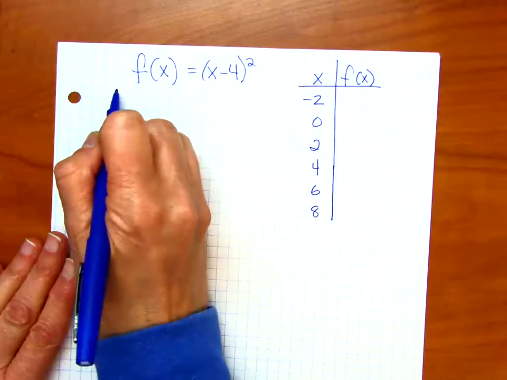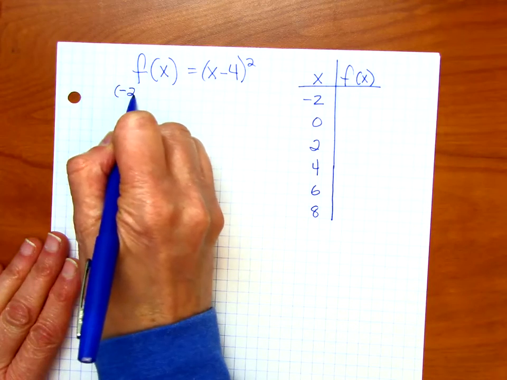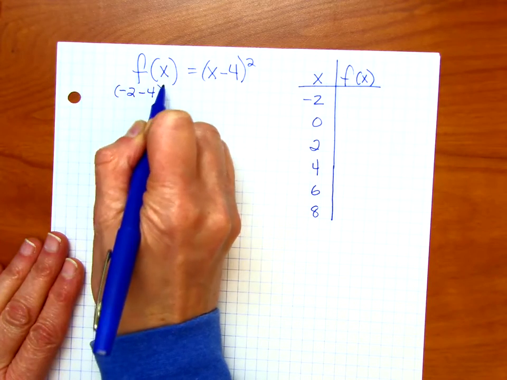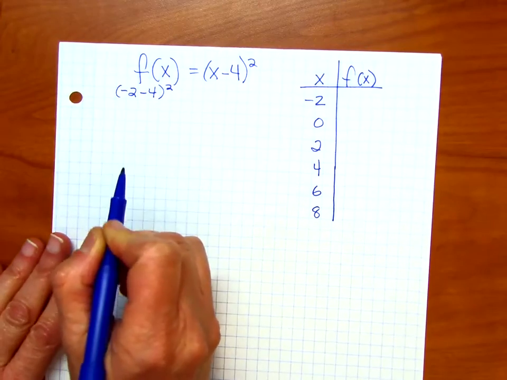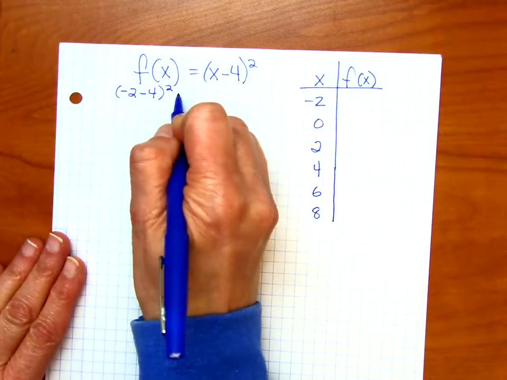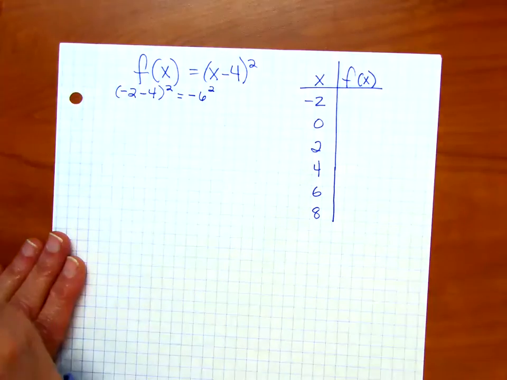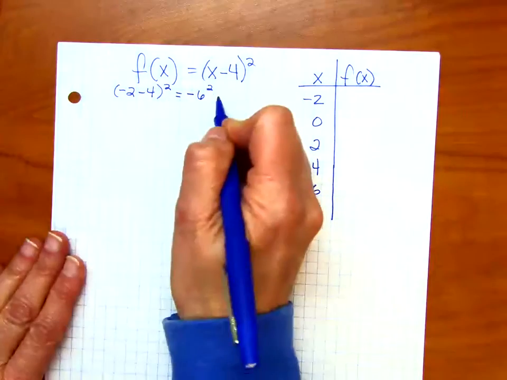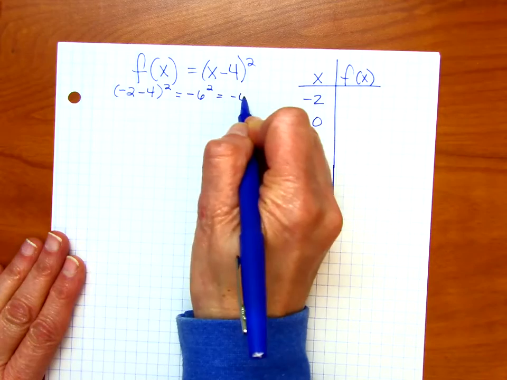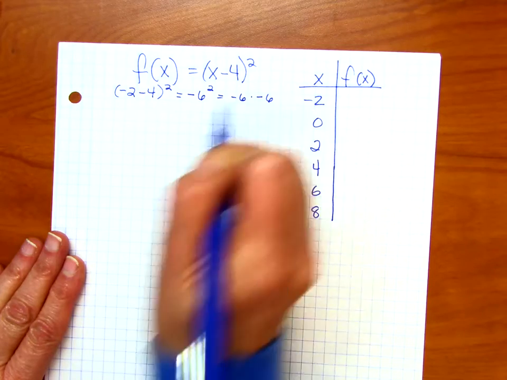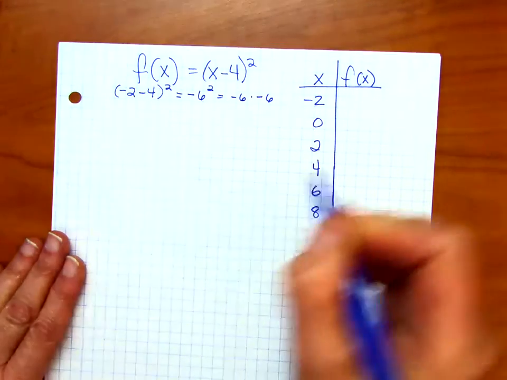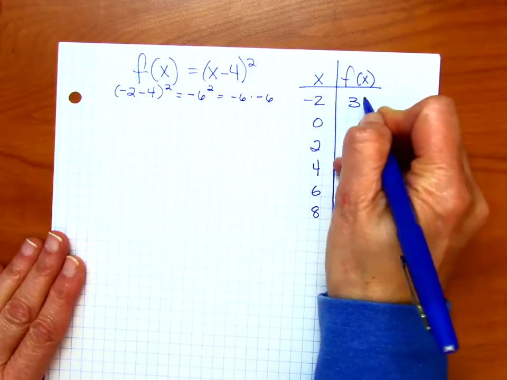So in this case we've got negative 2 minus 4, and then we'll square that. Now negative 2 minus 4 is going to give me negative 6, and then of course I'm going to square that. That's the same thing as saying negative 6 times negative 6, and that's going to give me a positive 36.